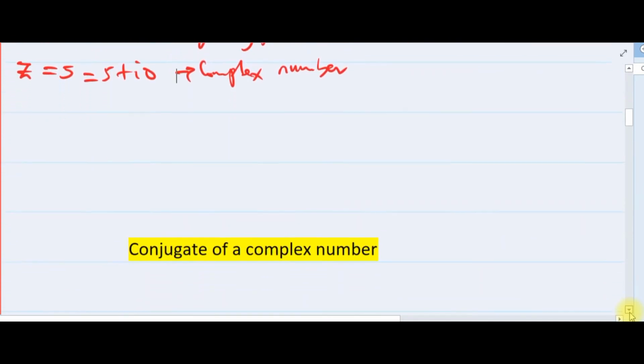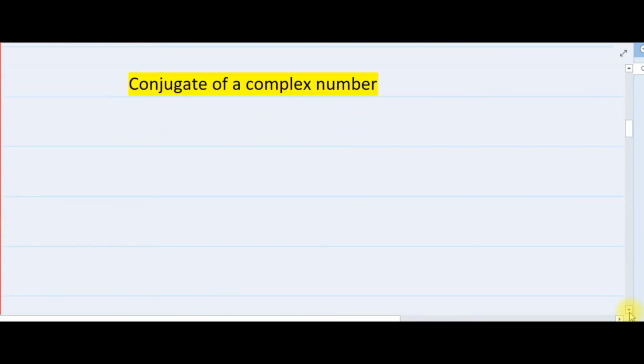So the next thing is the conjugate. The conjugate of a complex number is another complex number that converts it to a pure real number. So if you multiply the complex number with something to remove the i part, that is, to convert it to a pure real number, it's called the conjugate.